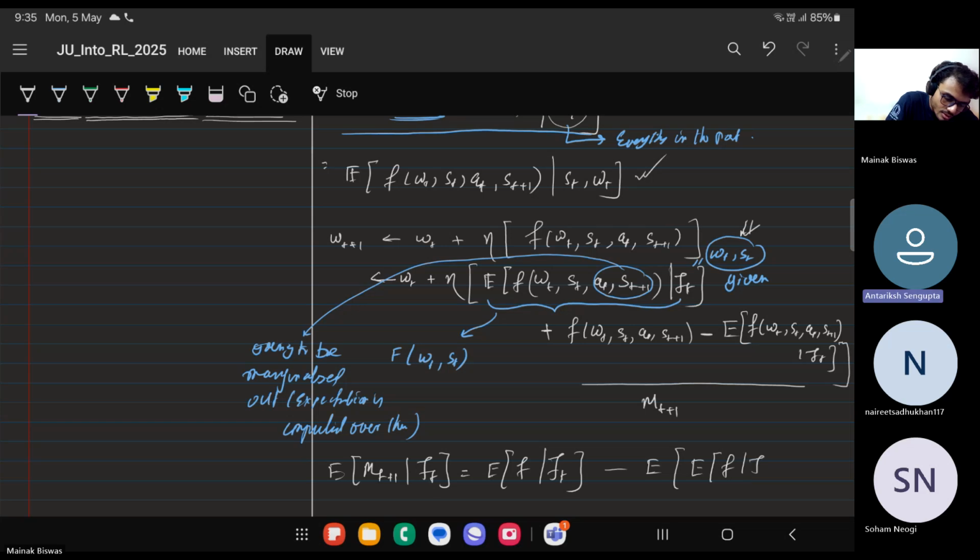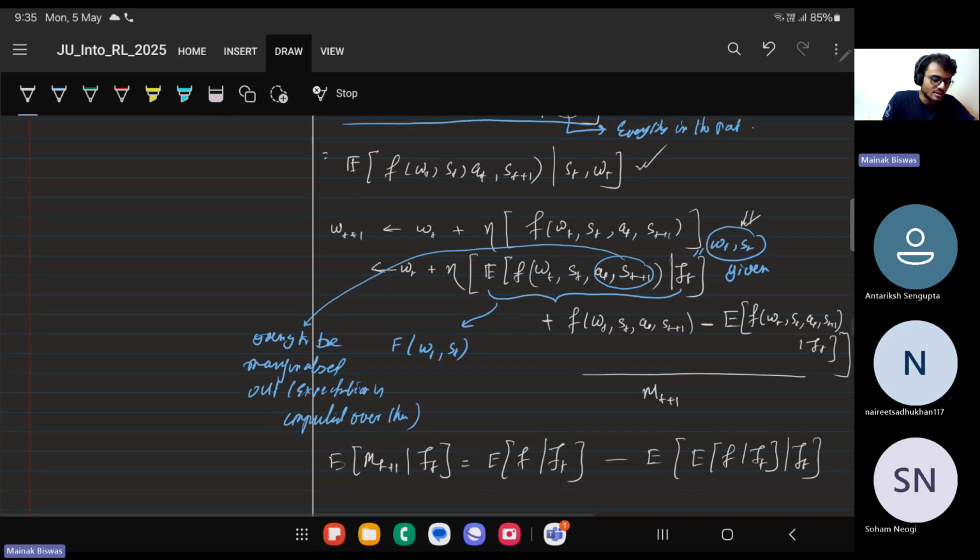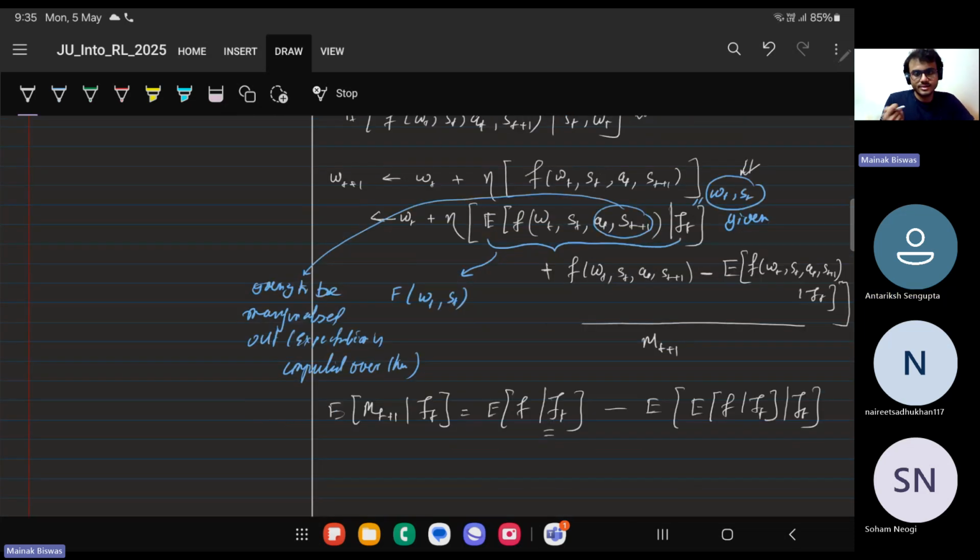Yeah, exactly like the bandits one. Because for the ft I know the current wt and st. That's why I'm using the ft's. This is again a constant. The inner is a constant, therefore the outer expectation can just go, exactly like the bandits. So I get the martingale sequence goes to 0. Right?